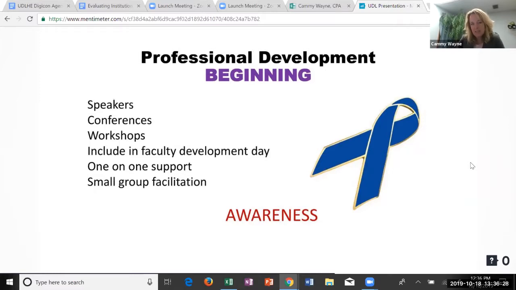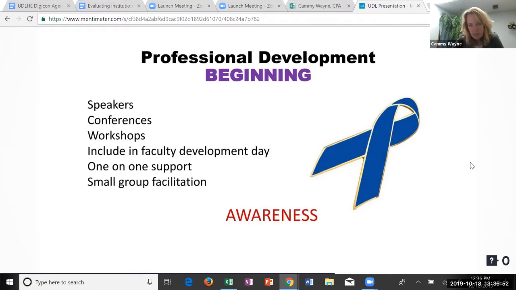If you bring in speakers and just have those speakers available at the college, it makes it very easy for faculty and staff to just walk over and go see that speaker. Conferences are a good idea. Again, anything that we can really focus on bringing awareness and interest.